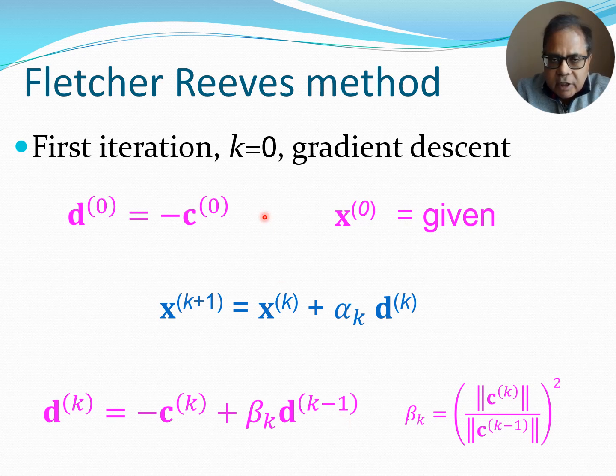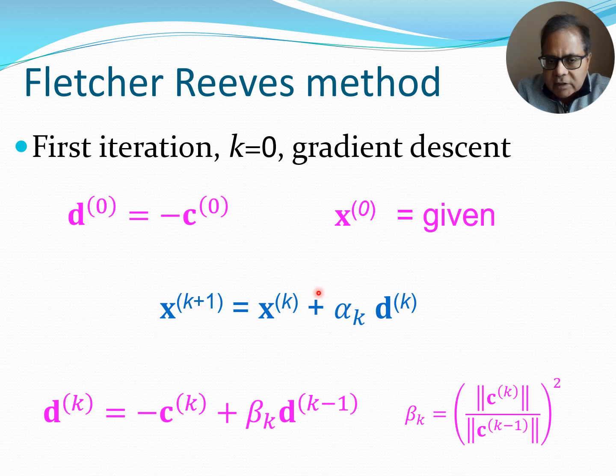So when we start this method, we use the gradient descent or steepest descent search direction, which is simply d0 is minus c0. You remember there we simply say that d is negative c, and so we are doing that at k is 0 here. Of course, you need x0 to be given. You need the starting point to start off these gradient based methods. And then you proceed forward in this manner.